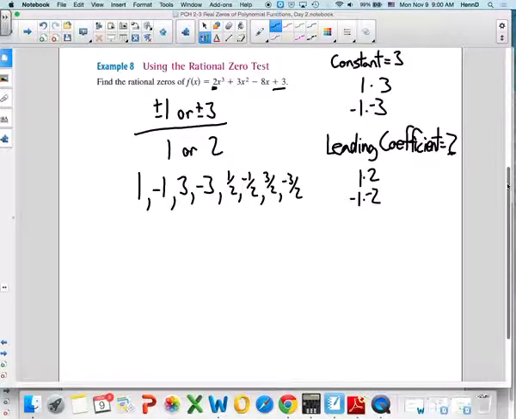Alright, we have 18 of you, and there's 8 possibilities. Alright, so let's see. We'll start with the fractions. How about if Marcos and Matthew, you do negative 3/2, you do positive 3/2. If you two will do negative 1/2.